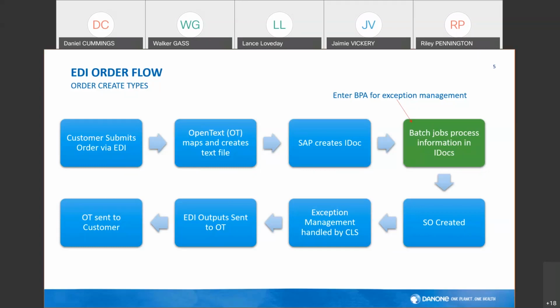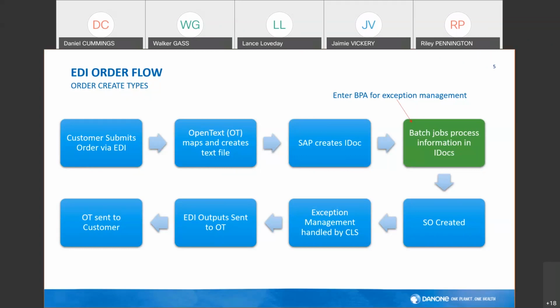Once the SO is created, then it moves on to the CLS for their exception management, fixing weights, adjusting the orders, getting everything that needs to be done so that order can then ship to the customer. Once the CLS has taken care of all those issues, it's going to move into all of our EDI outputs.